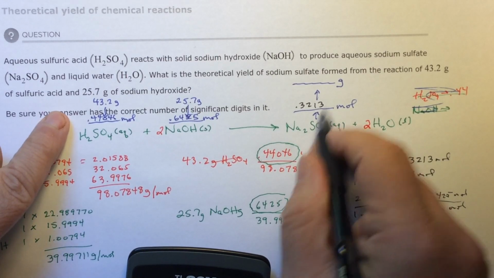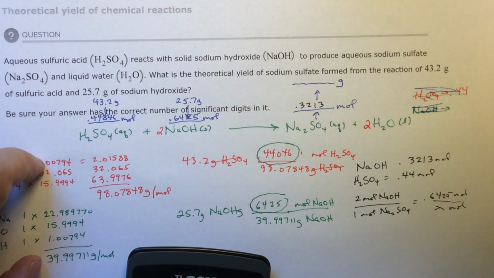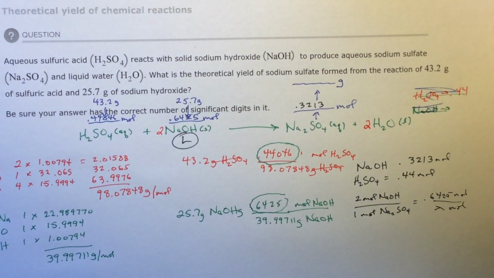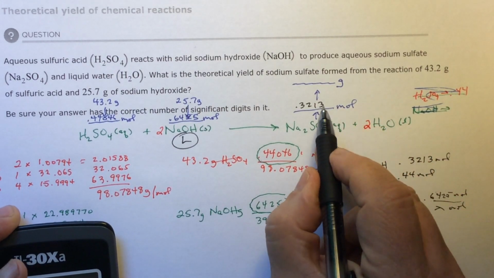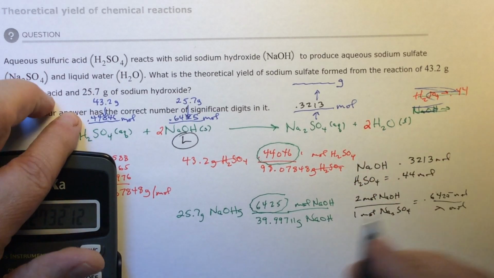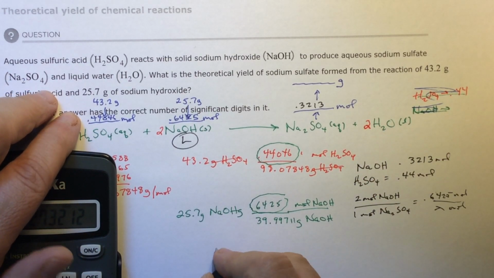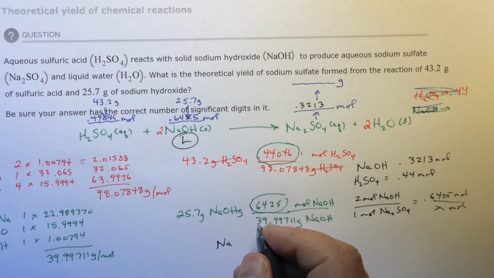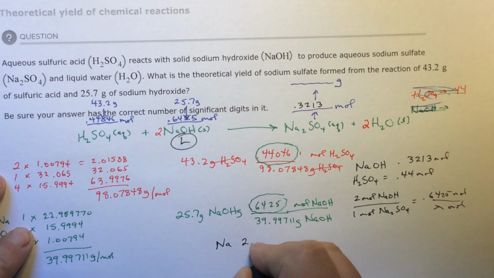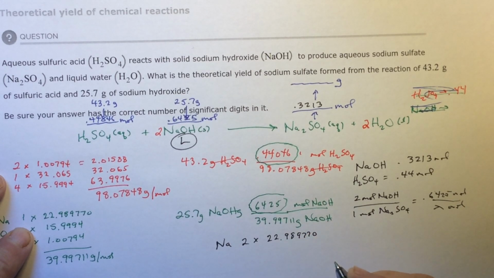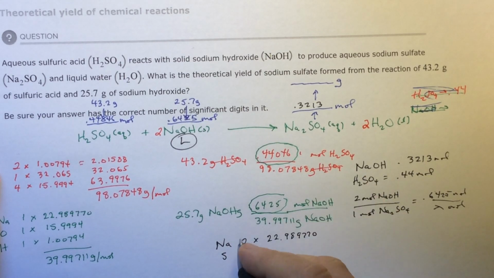Now I need to go back through the periodic table to find how many grams that's going to be. So I know that this is my limiting reactant. That's what limited it. And now it limited it to this many moles. Now how many grams is that? So I need to find out its molar mass. So sodium, again, I need 2 of those, 22.98977 times 2. I have a sulfur. I've got 1 sulfur.